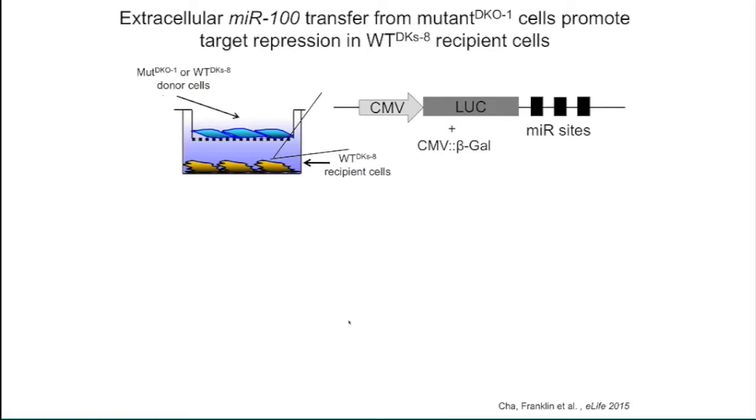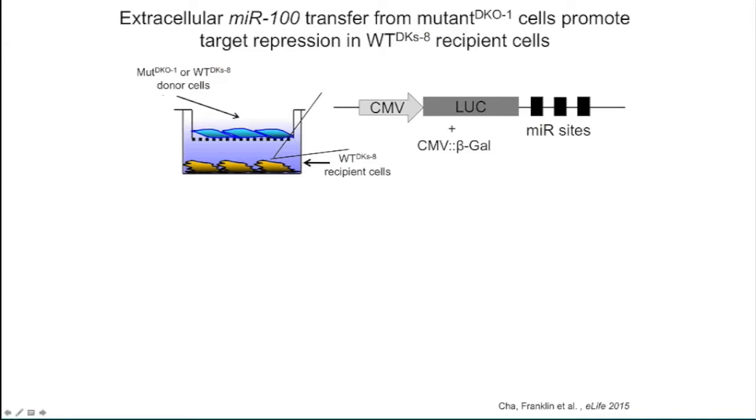So Diana Cha and Jeff Franklin, this work right here that I'm showing you is largely from Diana Cha, set up a series of experiments where we used transwell cultures where we're going to have a donor cell population on top of a membrane and then a recipient cell population below the membrane, so that if there's any sort of transfer of extracellular vesicles that are taken up in the recipient cells, we could monitor this. That would be coming from the donor cells.